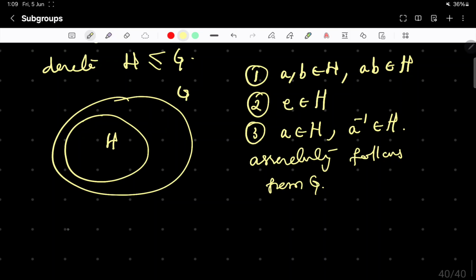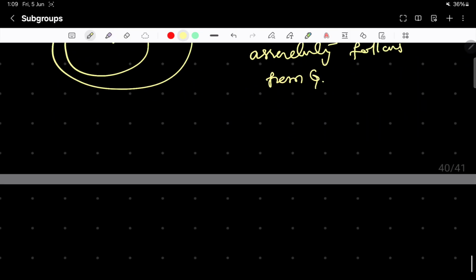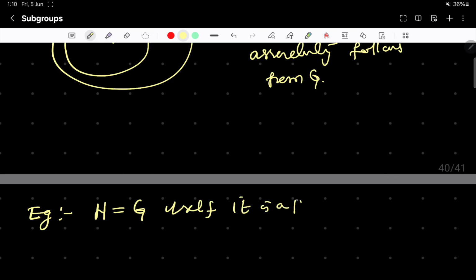So right. Let's see one simple example first. One thing is very clear: if you take the subset H equal to G itself, it is a group, so it is a subgroup also.